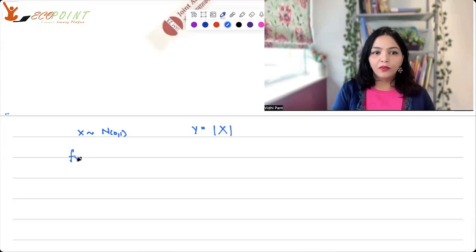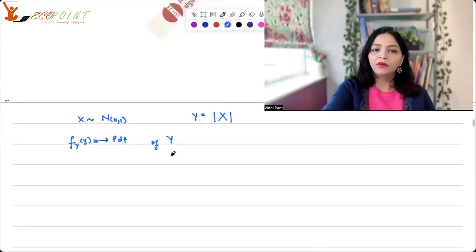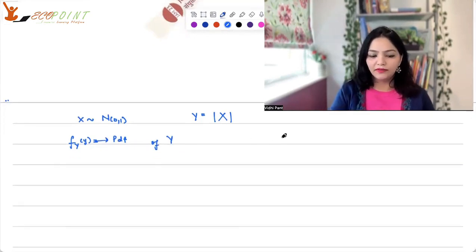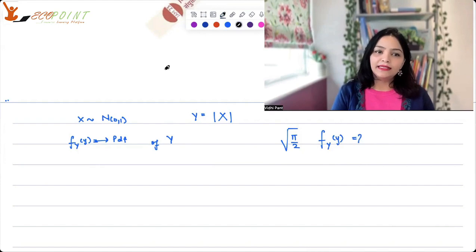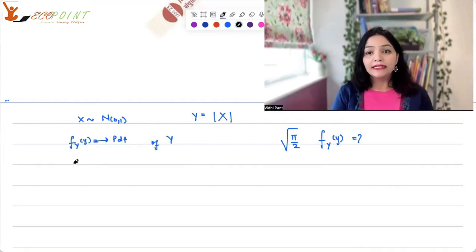Now, f_Y(y) is the PDF of y according to the question, right? For y greater than 0, we need to find out square root of pi by 2 f_Y(y) equals what? Well, I need f_Y(y). I need the PDF for this new random variable mod X. Now, in order to find the PDF, you should be using the CDF technique.